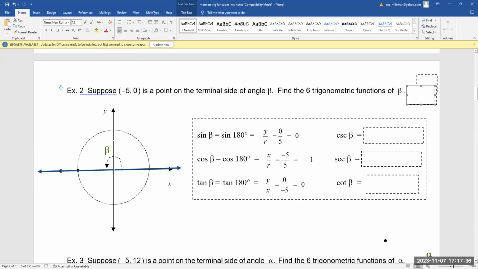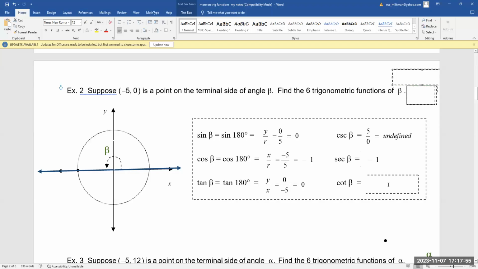The reciprocal functions might be confusing to you because the reciprocal of 0 over 5 is 5 over 0, but that's undefined. The secant, well, the reciprocal of -1 is just -1, so that's not confusing.